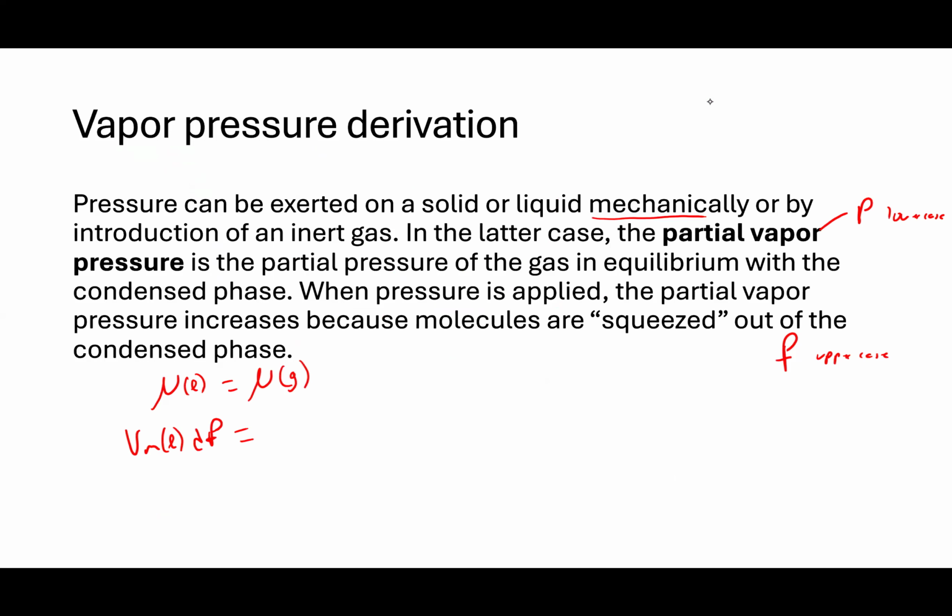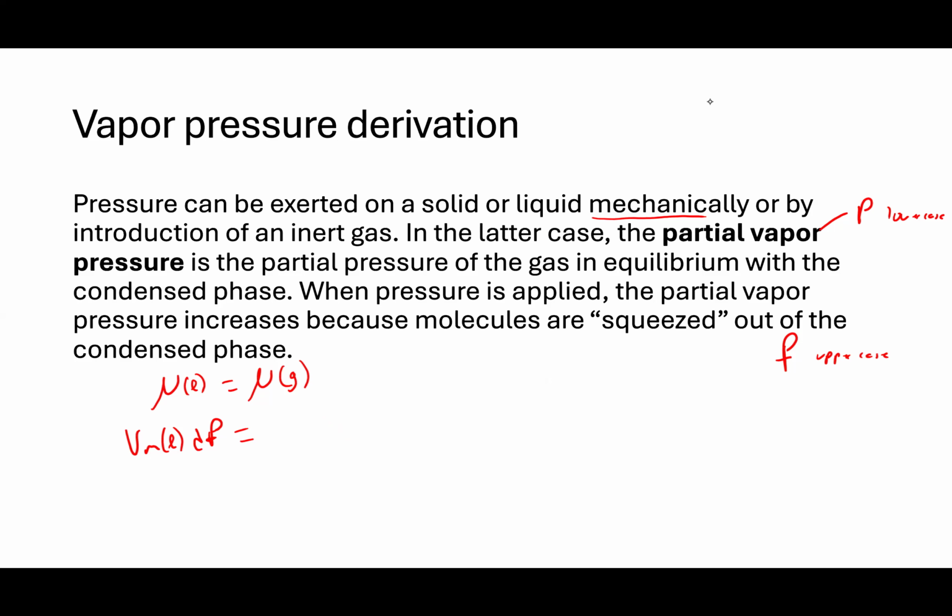For the gas, mu of our gas is still going to be Vm of the gas times dP. But because our gas molar volume can change so much, we're not going to do molar volume.